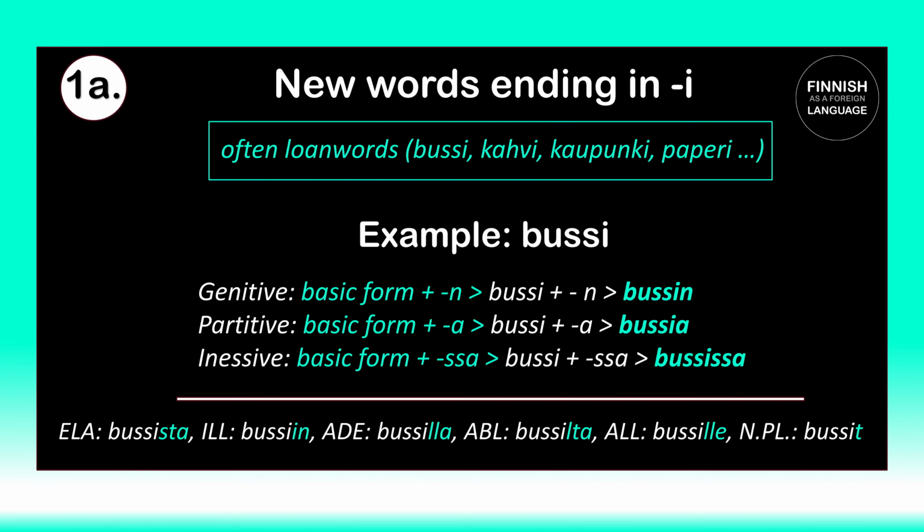For example, the elative case is bussista, which means out of the bus. The illative case is bussin, the adessive case is bussilla, the ablative case is bussilta, the allative case is bussille, and the nominative plural is bussit.